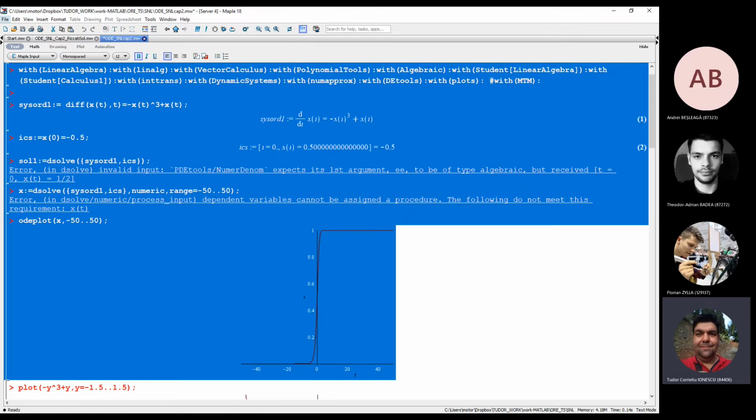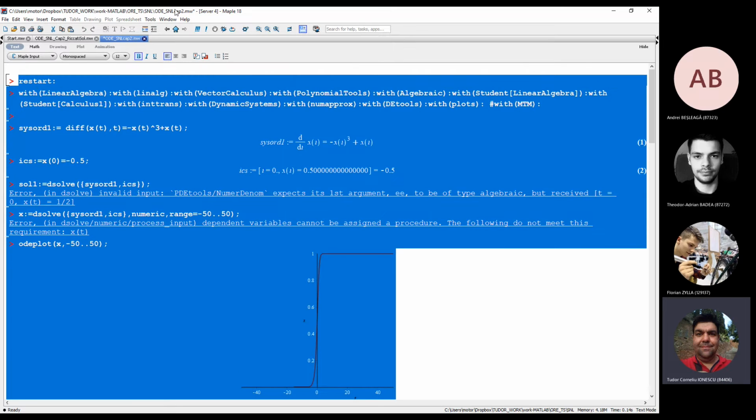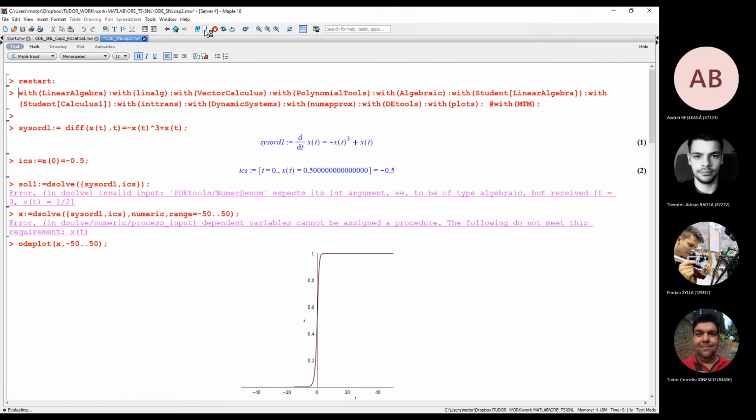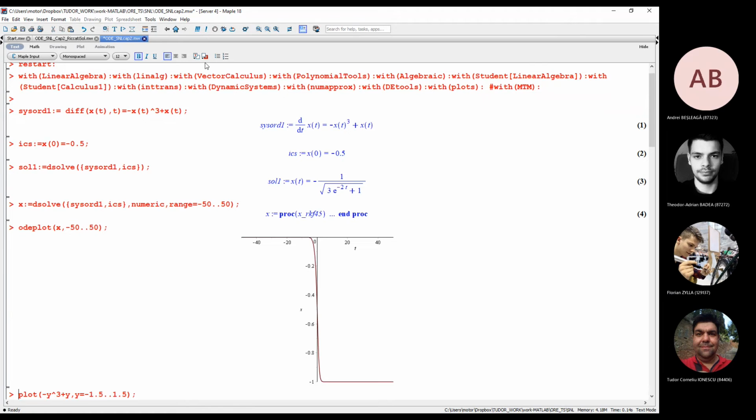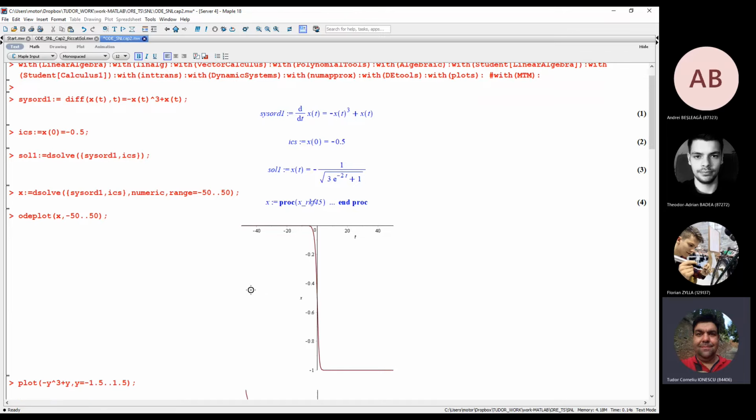What happened here? Oh, look. This is the other type of solution. It is going from 0 to the other equilibrium, -1. You see? If the initial condition is somewhere between 0 and -1, it's the other band.